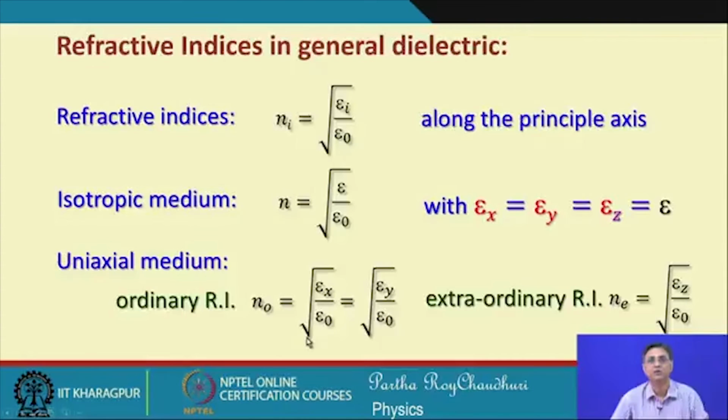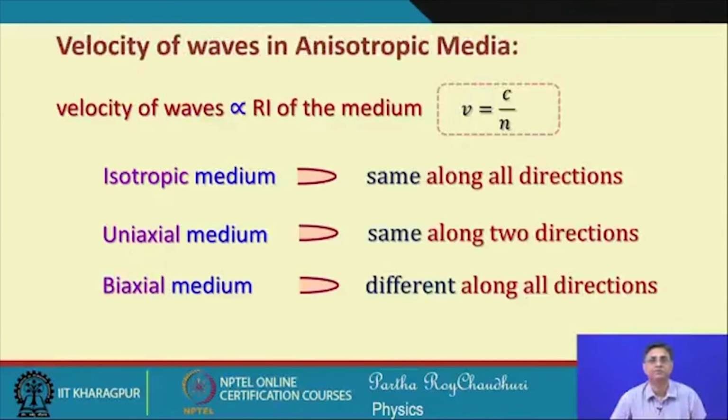The one along which the refractive index seen by the wave is different is called the extraordinary refractive index, and the wave corresponding to that refractive index will be called the extraordinary wave, whereas the one for which there are two directions for which the refractive indices are the same, the permittivities are the same, we call that the ordinary refractive index, and the wave corresponding to that will be called the ordinary wave.